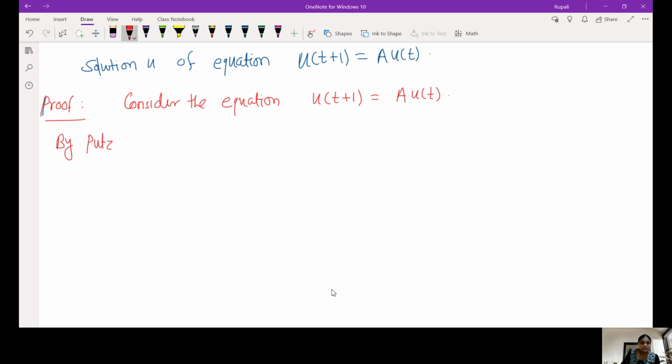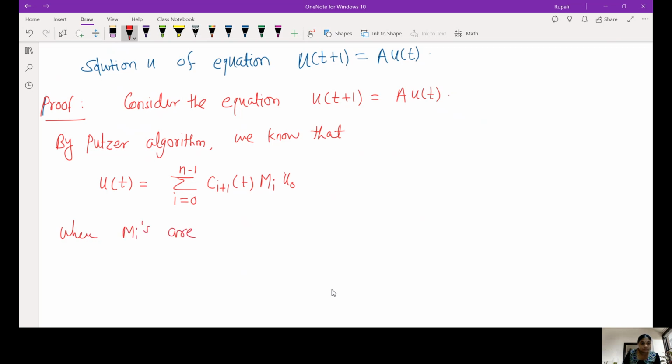By the Putzer algorithm, we know that the solution is given by u(t) equal to the summation from i equal to 0 to n minus 1 of c_{i+1}(t) times M_i times u(0), where the M_i's and c_i satisfy equations 4.8 and 4.9, which we have already written.